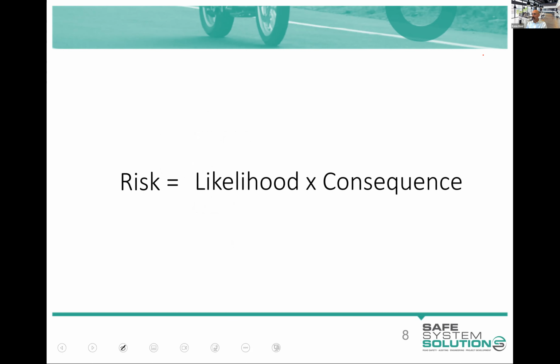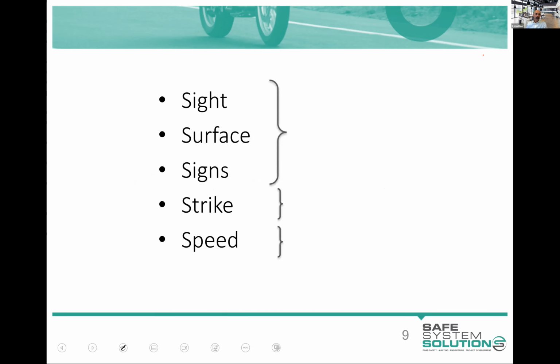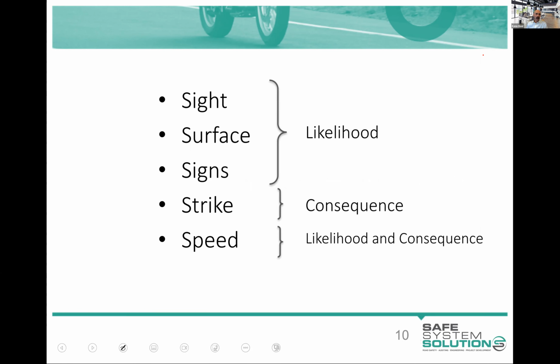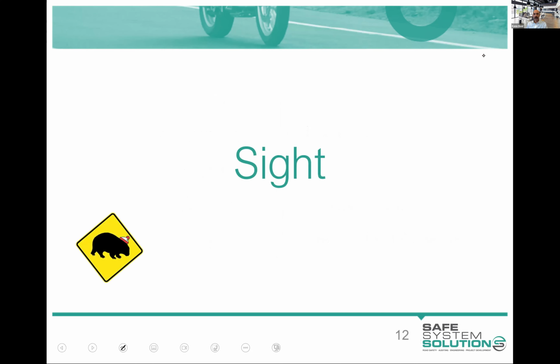We remember risk is likelihood times consequence. And when we think about that, the sight, surface, and signs are influencing the chance of the crash happening in the first place. The strike, well, it's how bad the crash is. And speed is that likelihood and consequences, that magic thing.